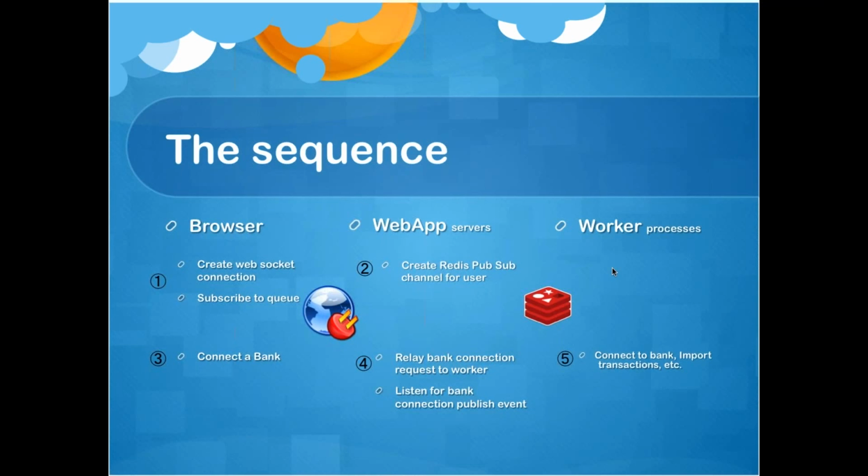This includes connecting to a bank, importing transactions, and finding their different categories. There's a whole bunch of work that happens at the back end, and this is all done by the worker processes. So what we've been doing is increasing the number of worker processes while keeping the web app servers and app servers very light. That's our scaling mechanism for now.